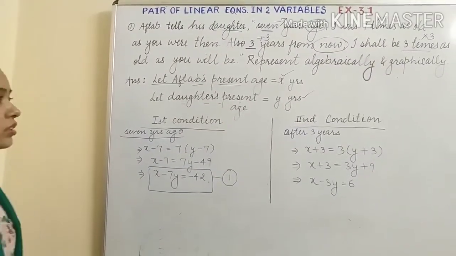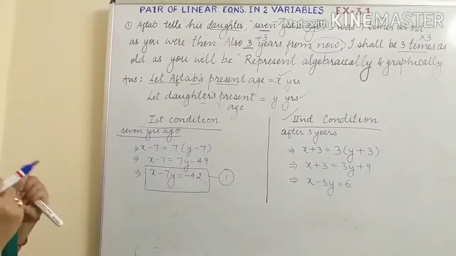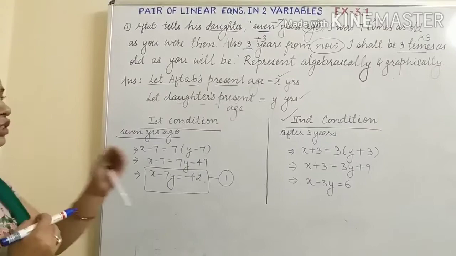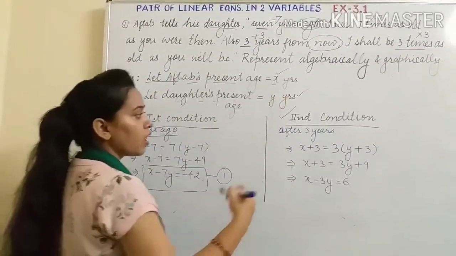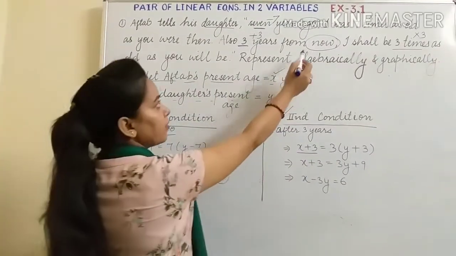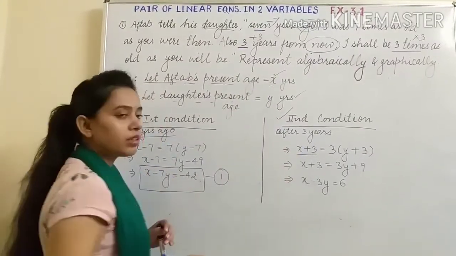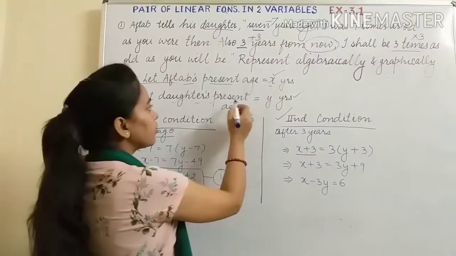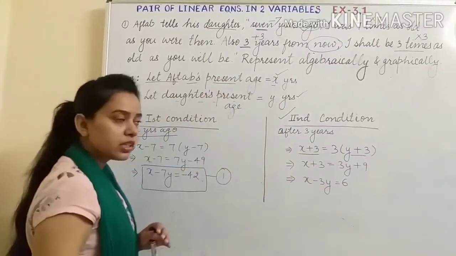Now the second condition, in which Aftab is talking about the time 3 years from now. The present age of Aftab is x years, so after 3 years it will be x plus 3. I've already told that whenever now is written, you have to add that quantity. Similarly, the daughter's present age is y, and after 3 years it will become y plus 3.